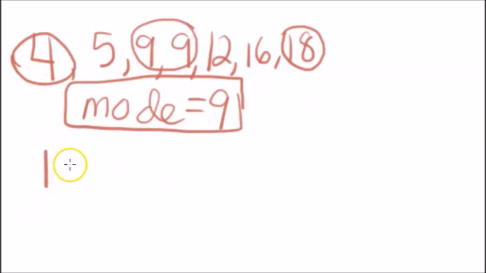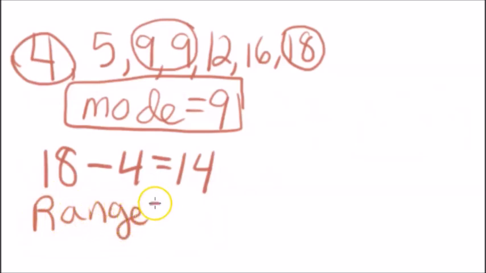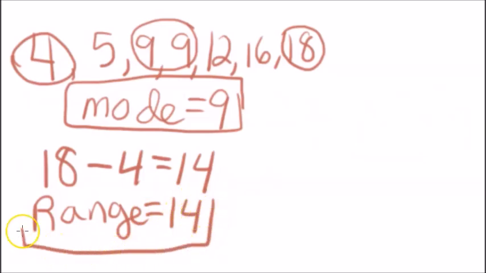So now, we'll take 18, subtract it by 4 to get 14. Therefore, 14 is the range for this data set.